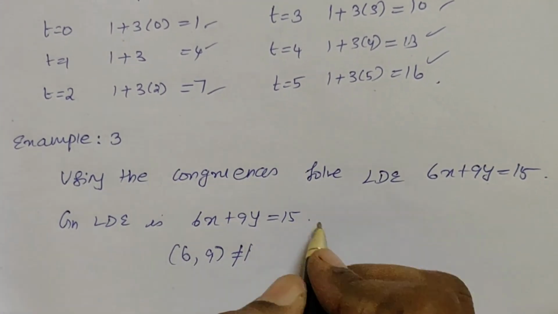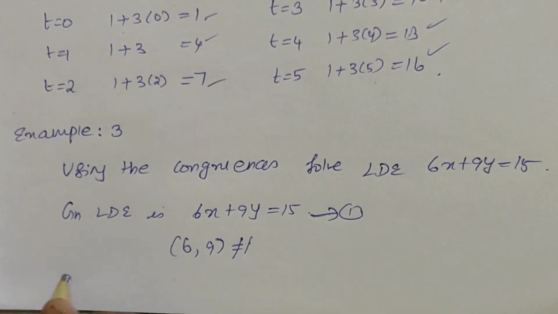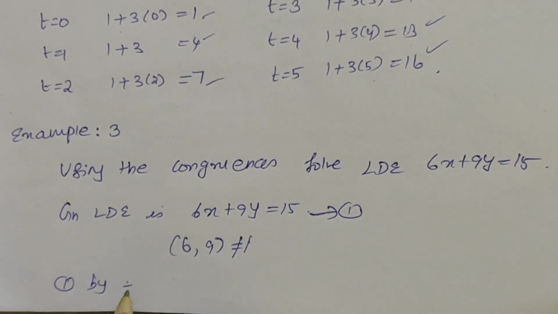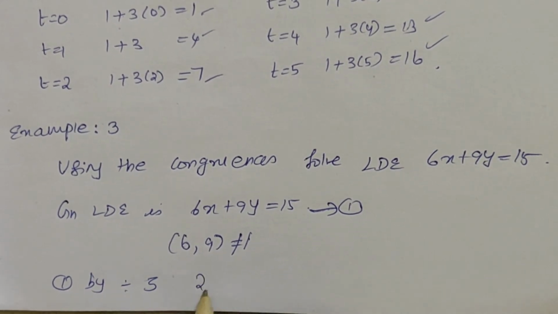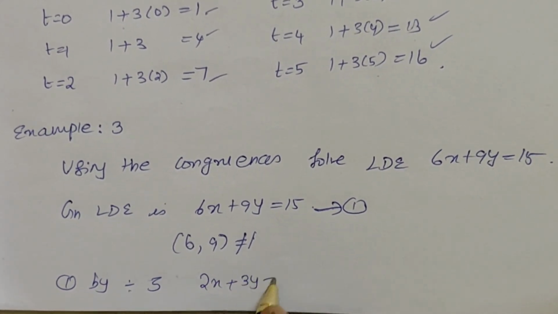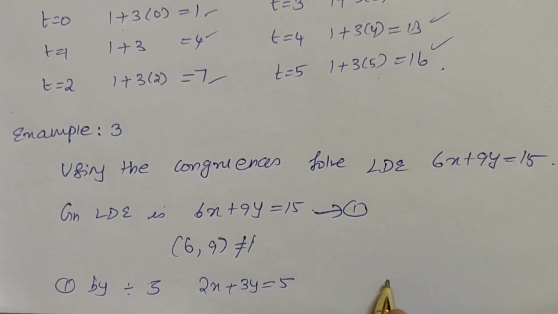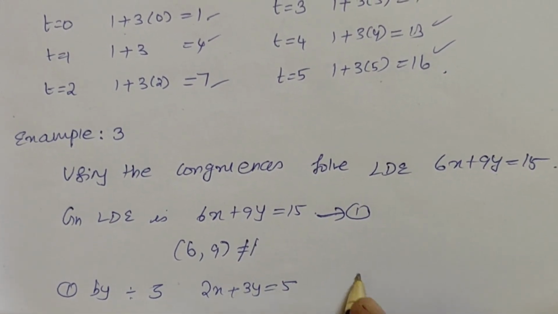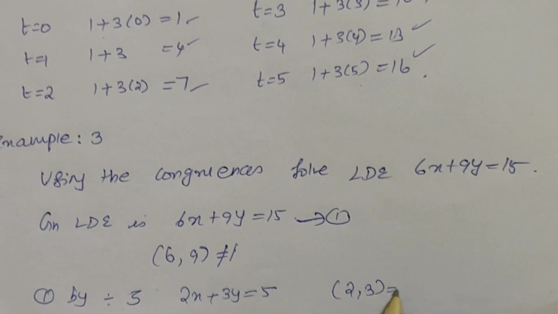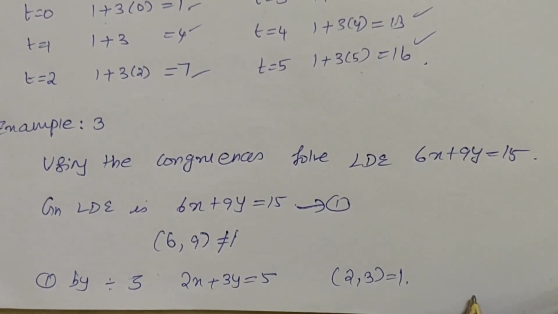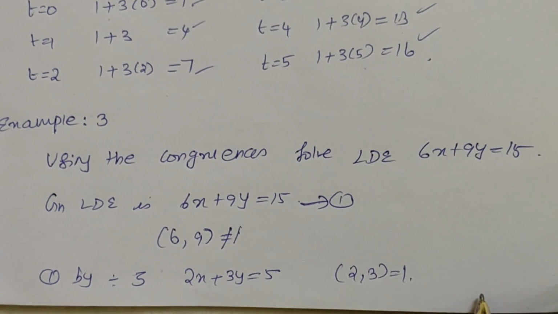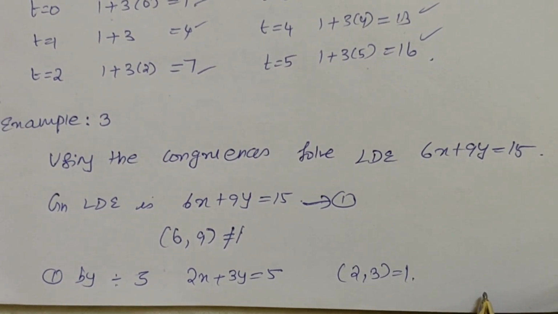Therefore, you have to divide the given equation 1 by 3. Then you will get 2x + 3y = 5. Now check whether the gcd of 2, 3 is equal to 1 or not. Here the gcd of 2, 3 is equal to 1. So we can solve the linear Diophantine equation now.